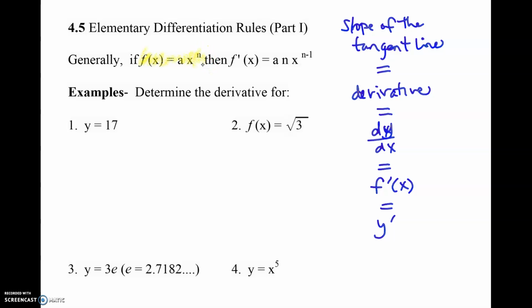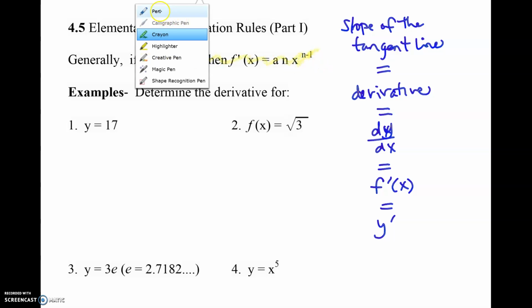If we want to take the derivative of that function, the derivative will equal the same a in front, multiplied by n, the exponent, times the same x to the power of the original exponent, subtract 1.